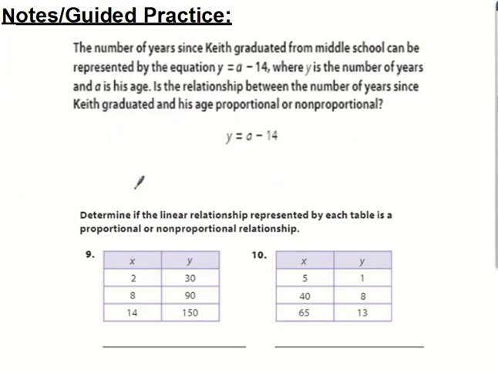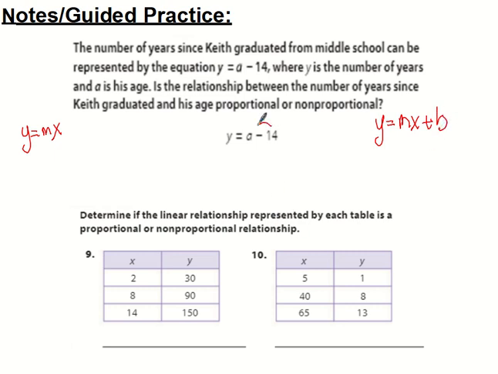First one: the number of years since Keith graduated from middle school can be represented by the equation y equals a minus 14, where y is the number of years and a is his age. Is the relationship between the number of years since Keith graduated and his age proportional or non-proportional? We're trying to see, is it in the form y equals mx, or y equals mx plus b?